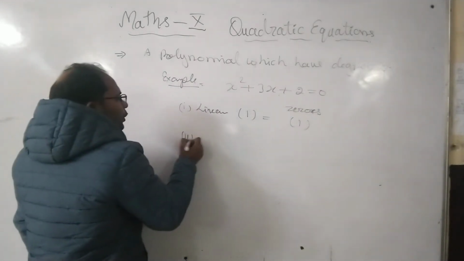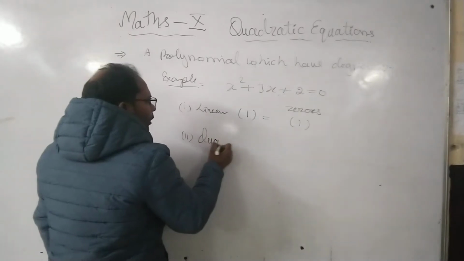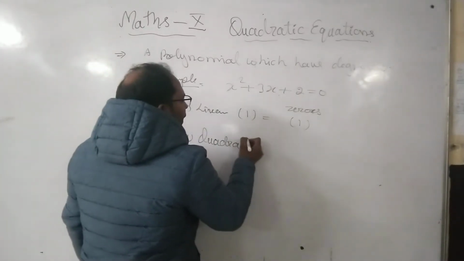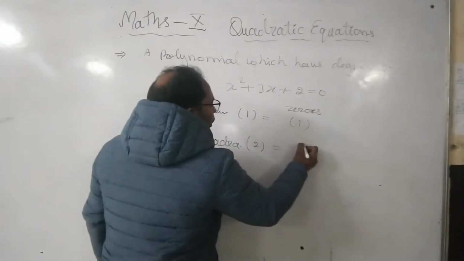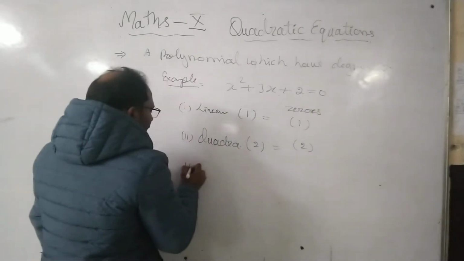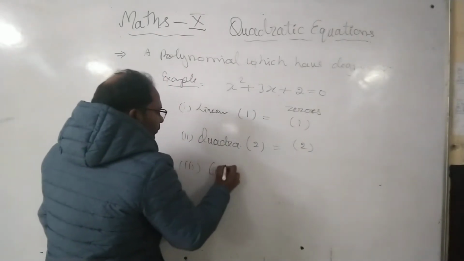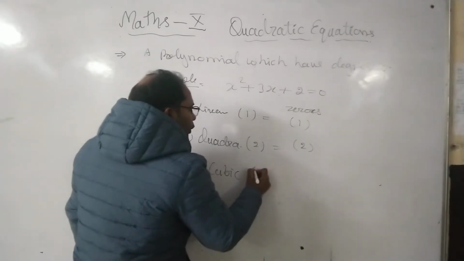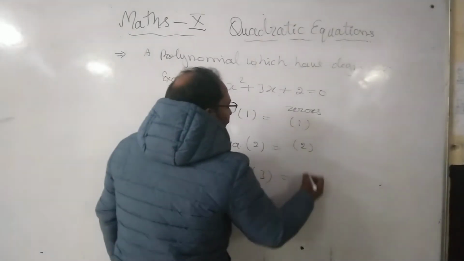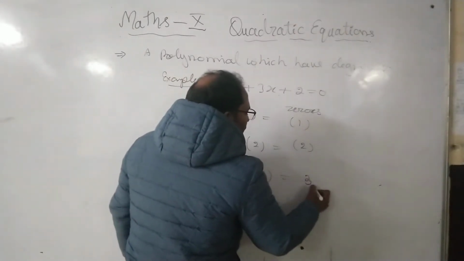And second one is quadratic, degree is 2, number of zeros is 2. Next, cubic polynomial degree is 3 and the number of zeros is 3.